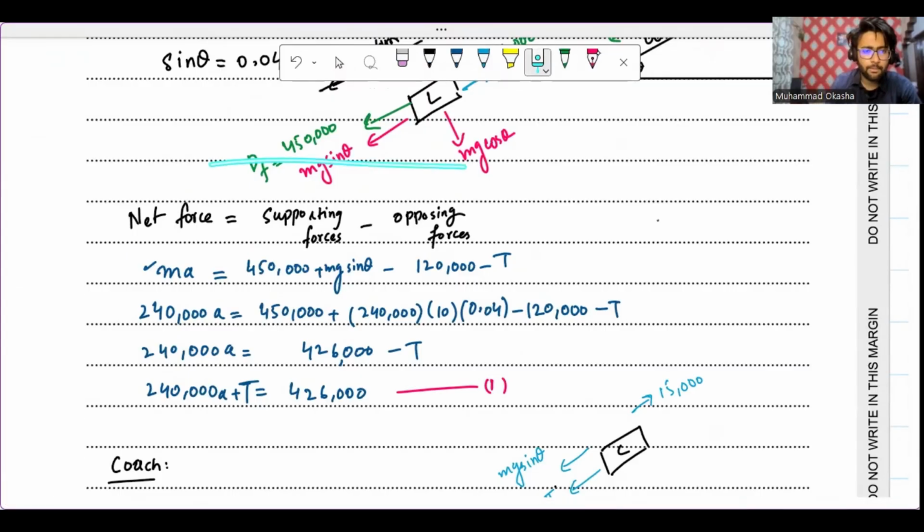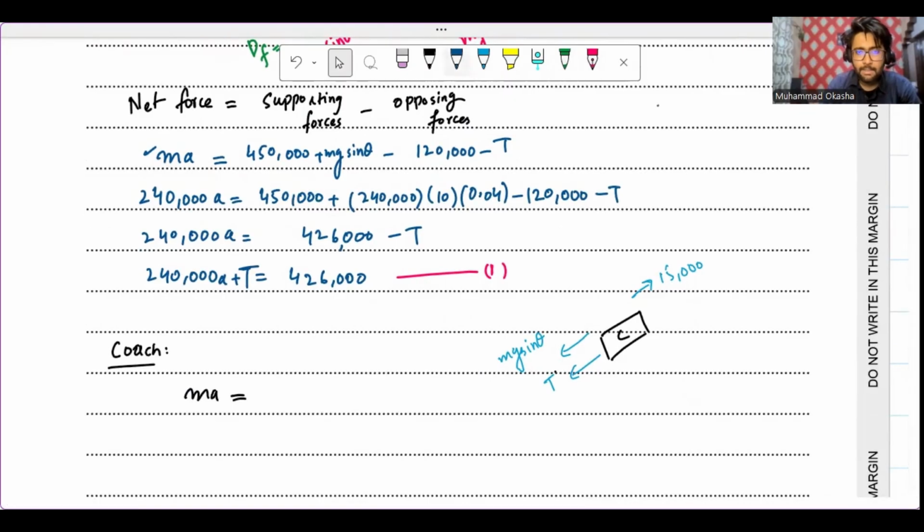I'm using this same formula: net force is equal to supporting forces minus opposing forces. We know that the coach is moving downwards, which means the forces supporting the motion are mg sine theta plus t, and the force that's opposing the motion is 15,000 Newton.